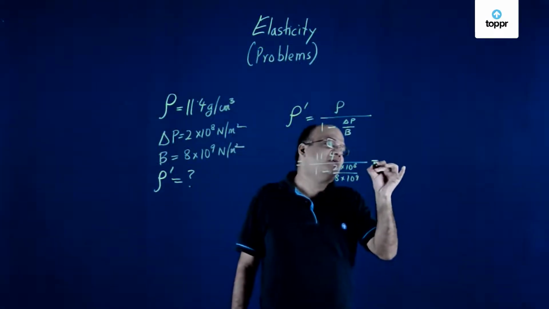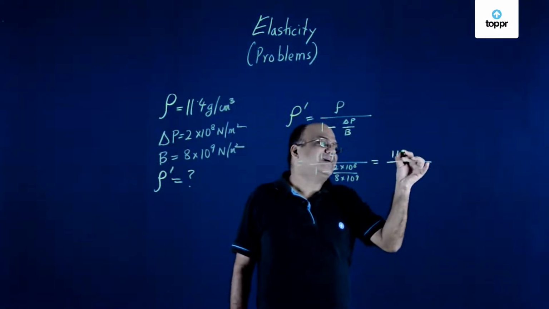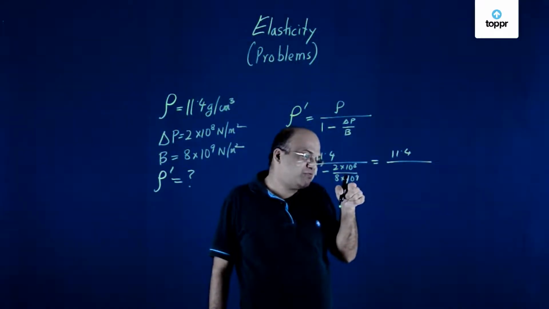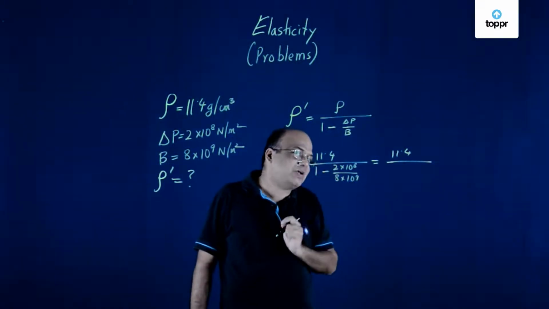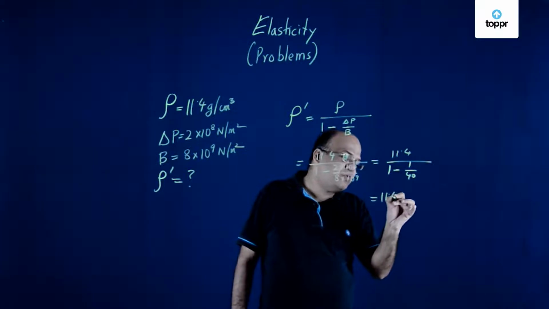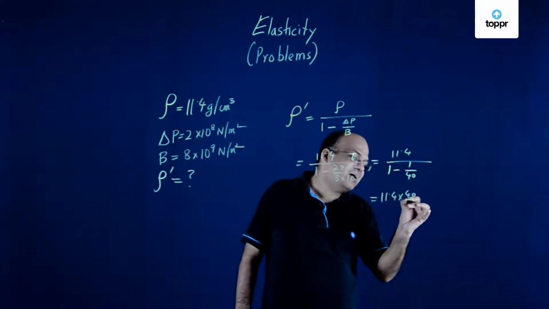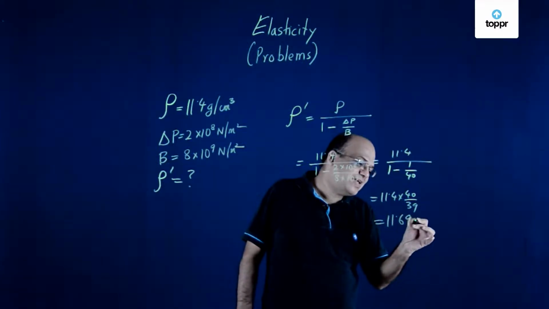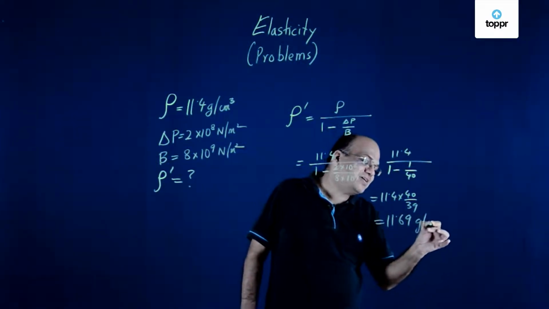So if we take the calculation now, the 10 to the power 8 part is extra, so we'll get 10 downstairs and this will become 1 by 40. So this is 1 minus 1 by 40. So 11.4 into 40 by 39. And that will give us the answer, 11.69 gram per centimeter cube.